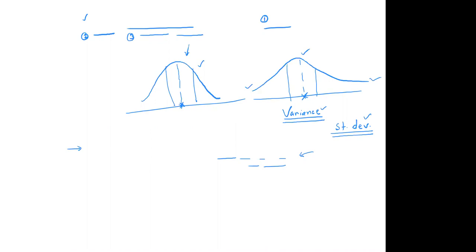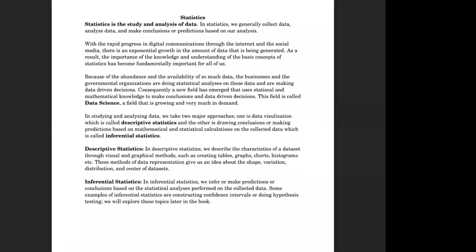We are going to do problems so that you can understand it. For now, think of standard deviation as something that tells you how far apart the data points are, how far away the data points are. Are you guys okay so far? Yes. Okay, good.